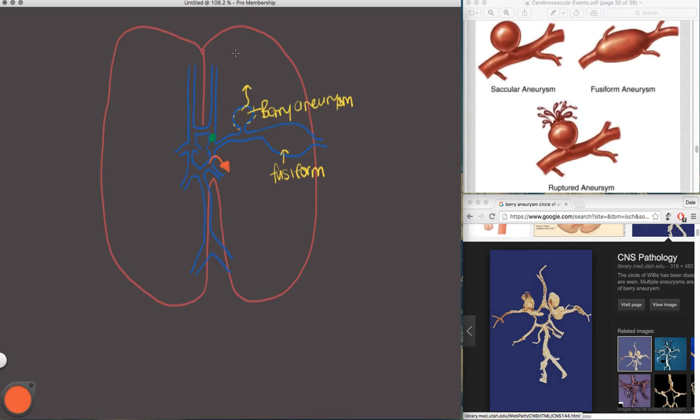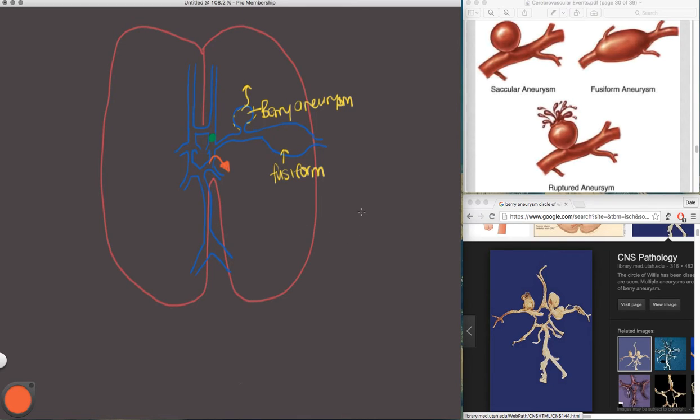So a few things are going to happen with this type of stroke. So obviously we're going to have extensive bleeding into this space. Remember that our arachnoid is still below our dura, so we're going to have a lot of blood building up essentially between the brain and the hard outer space of the dura. So what's going to happen is as pressure builds, it's going to put pressure on certain areas of the brain.